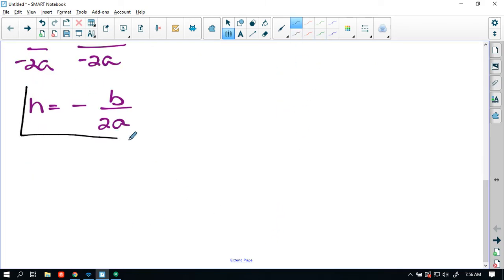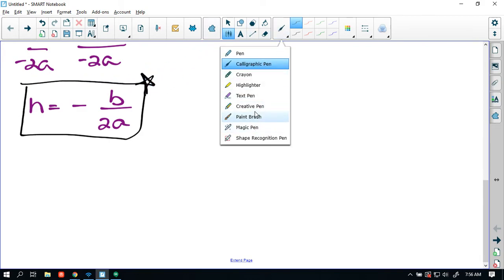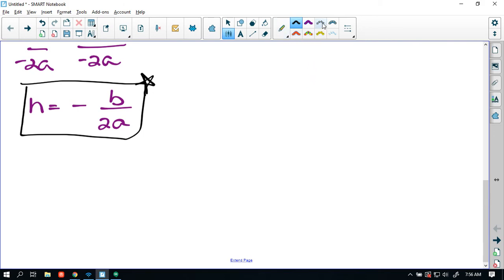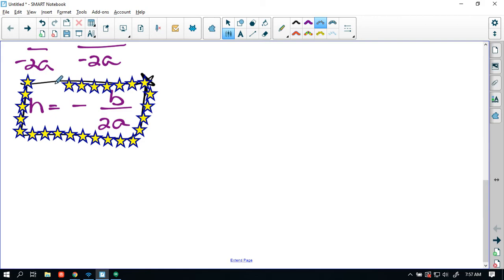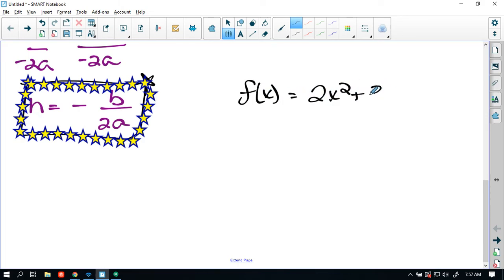So this is what you need to box. This is what you need to star. I think I have stars, so I'm going to box this in stars, because that's important. This formula takes any quadratic and finds your horizontal translation.